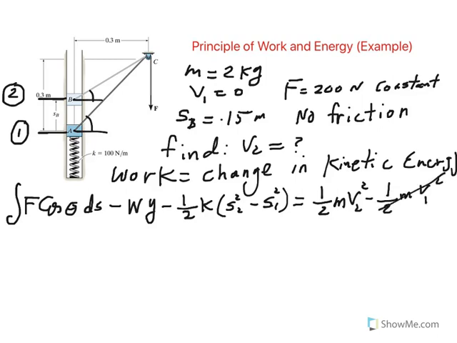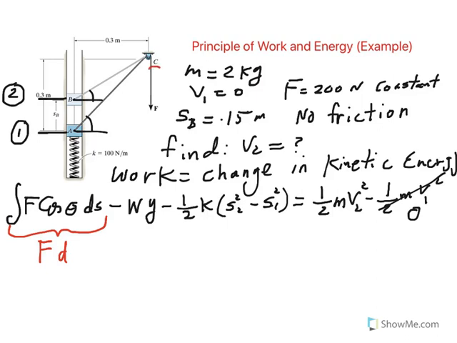Now, initial velocity is 0, so no initial kinetic energy. If you have seen the video prior to this related to work and energy, you can do a simple search, principle of work and energy under my name, and you'll see that I've shown in that video specifically a situation like this, where we have a constant force, we can avoid integration and just set the work of that force to the simple definition of work, which is force times displacement.